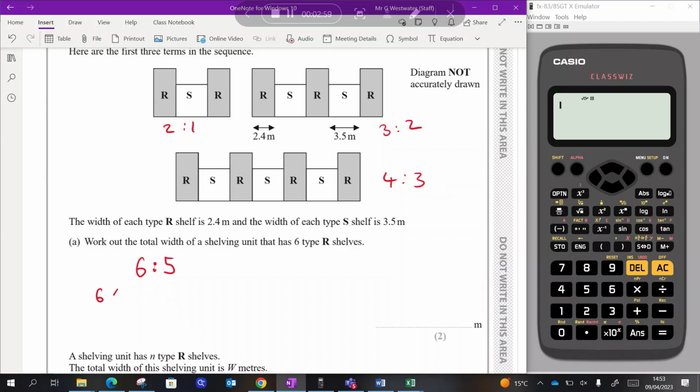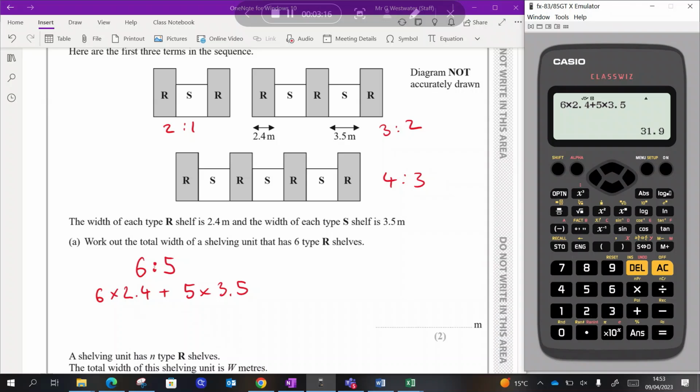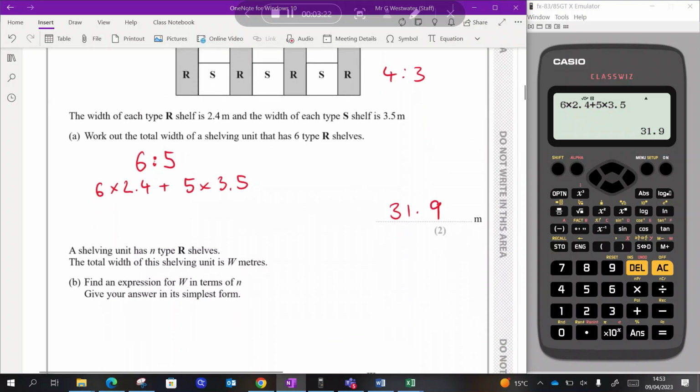So I need to do 6 times the width of R, which is 2.4, and 5 times 3.5, the width of S. So 6 times 2.4, add 5 times 3.5, for a total of 31.9 meters.